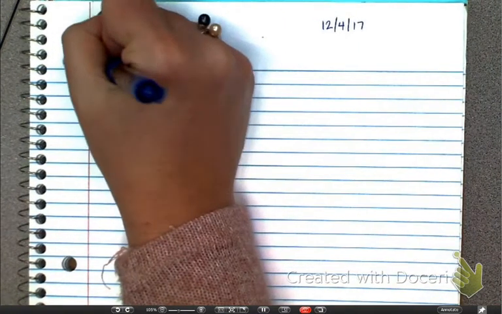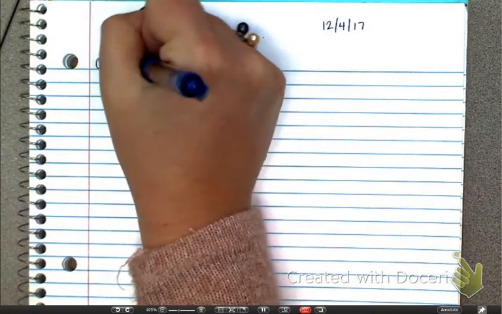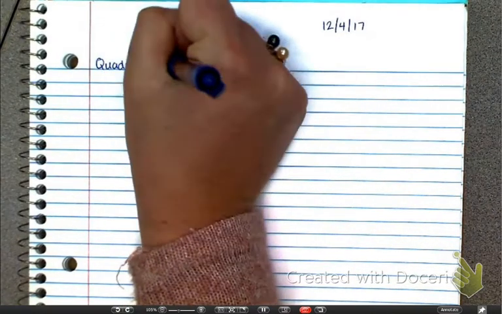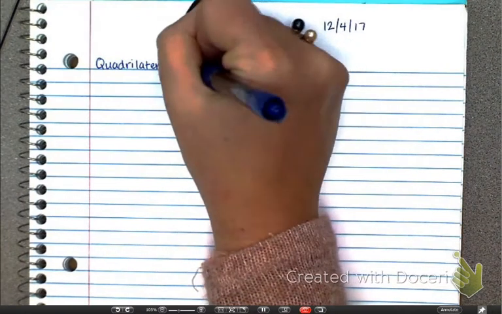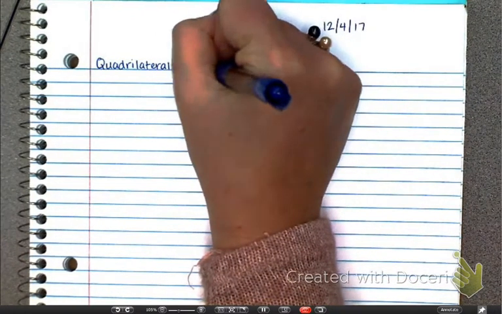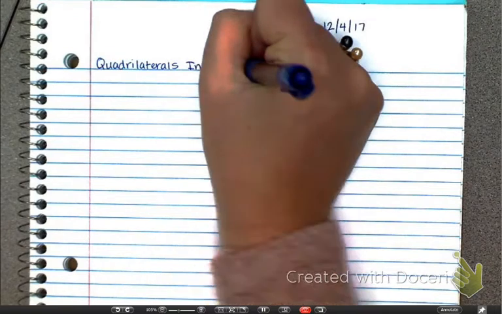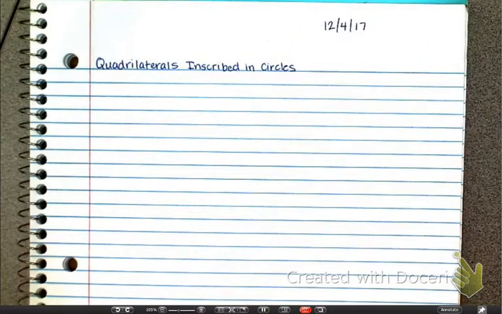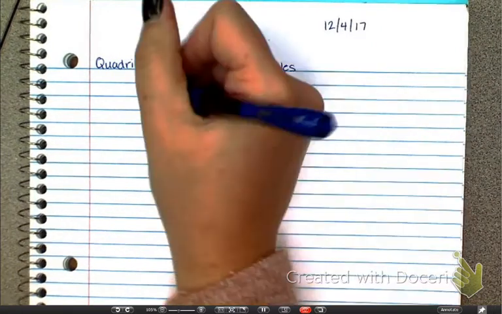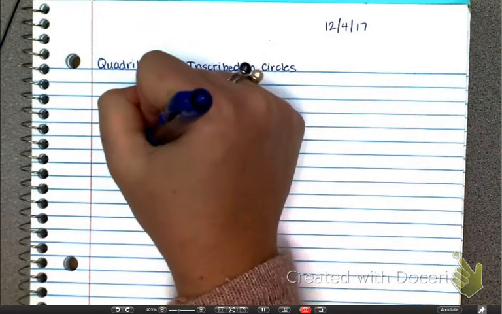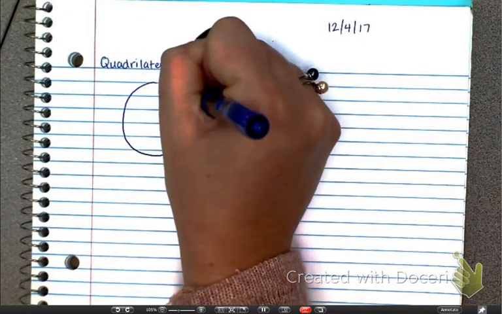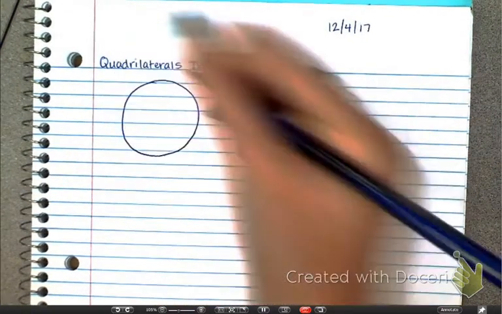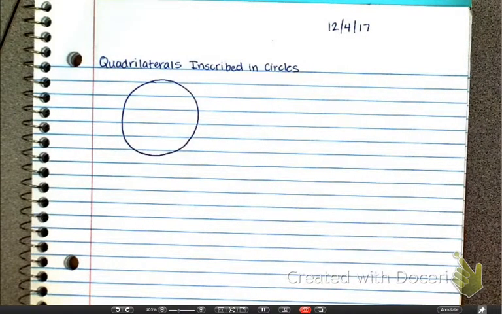And the title of today's notes is Quadrilaterals Inscribed in circles. So let's draw a circle. What is a quadrilateral?